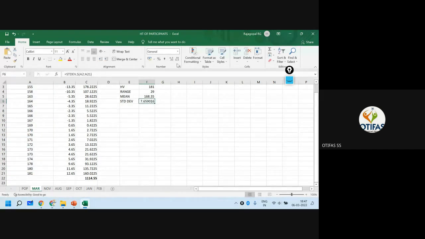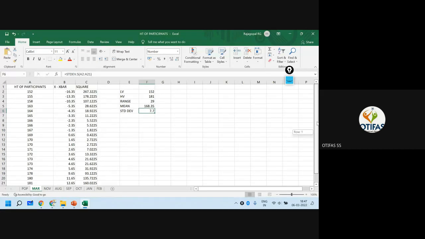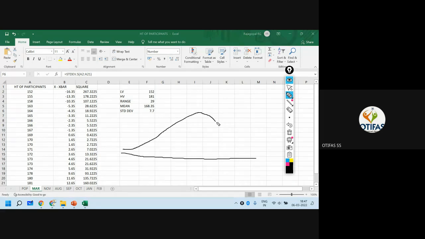Now what is the standard deviation? There are two measures of a data set. I can draw this like this because it's continuous data. I have a mean. Mean is called central tendency. What is the central tendency of the data?